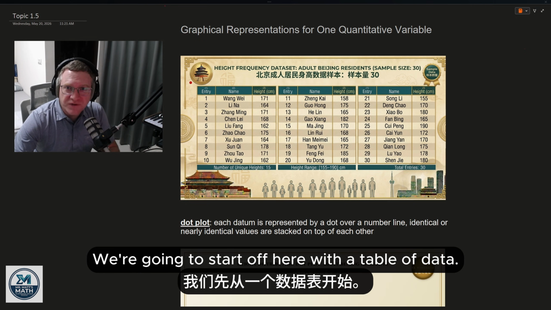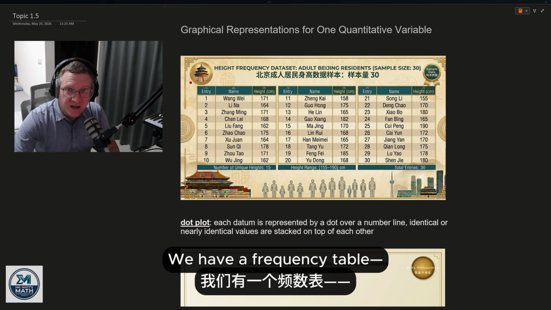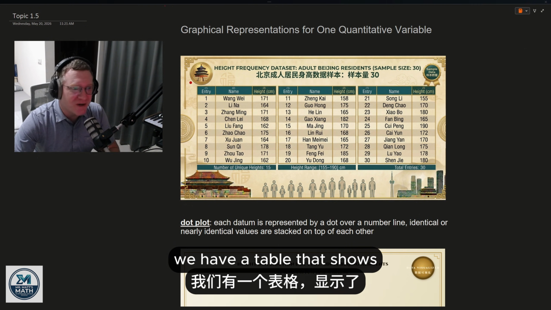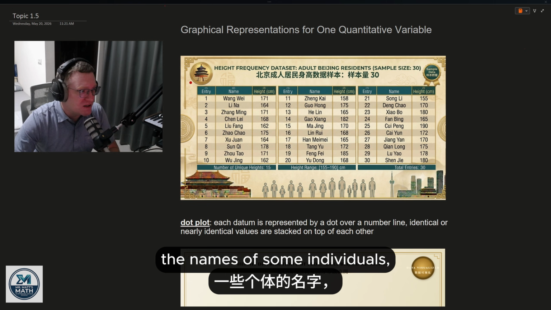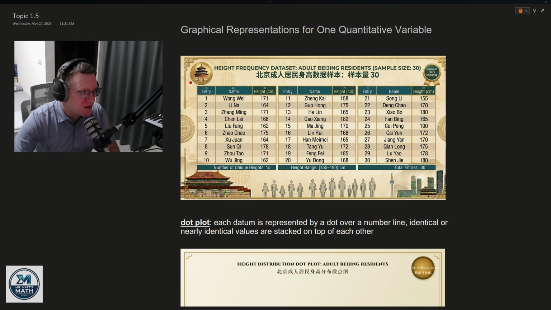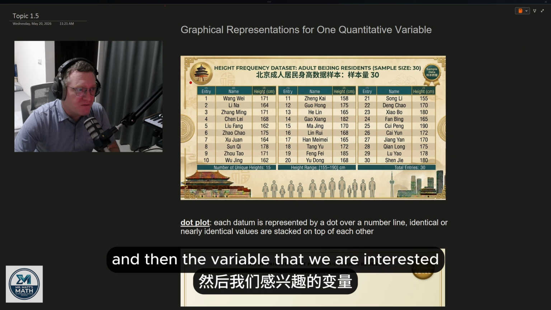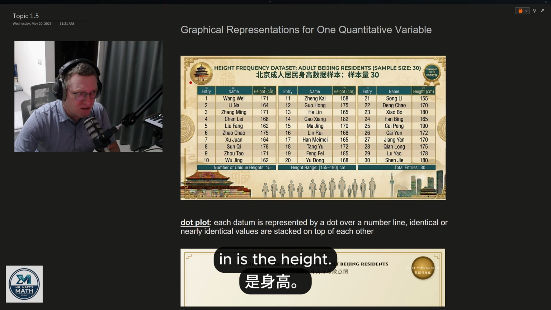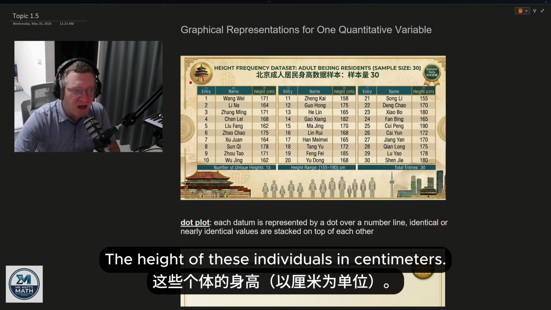So we're going to start off here with a table of data. We have a table that shows the names of some individuals, and then the variable that we are interested in is the height of these individuals in centimeters.